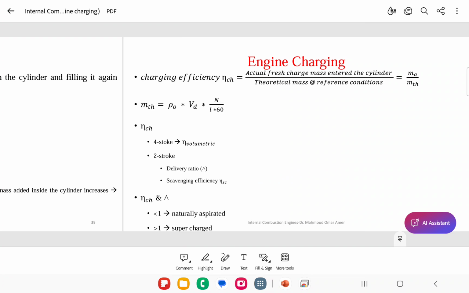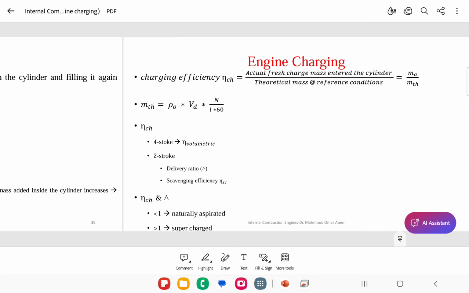But in the two-stroke, we have two factors, which are the delivery ratio and the scavenging efficiency. So before we continue, the charging efficiency for a four-stroke engine is what? The volumetric efficiency, which is the actual mass that entered the cylinder over the theoretical mass that could enter the cylinder. The maximum value for the volumetric efficiency is what? 1 or 100%.